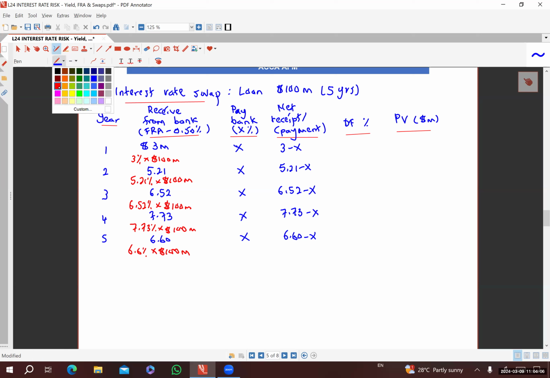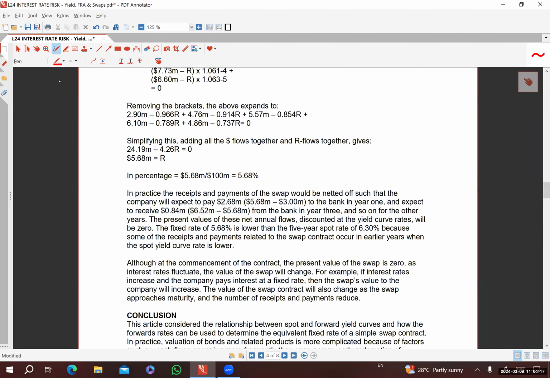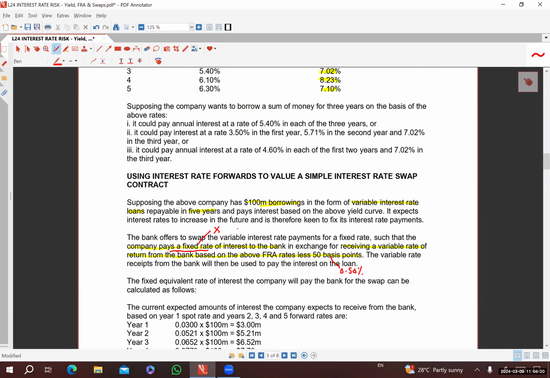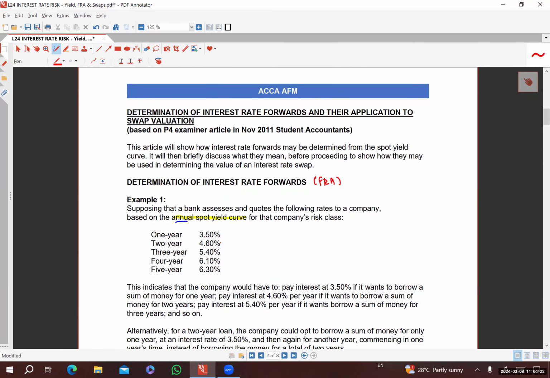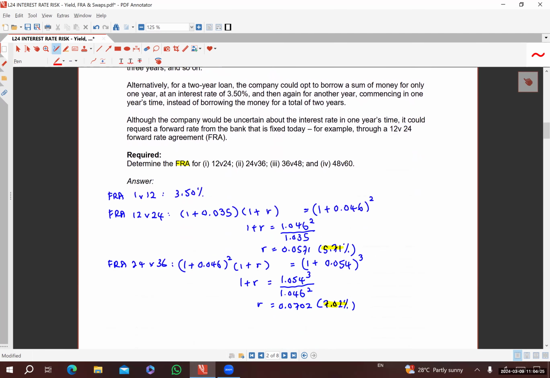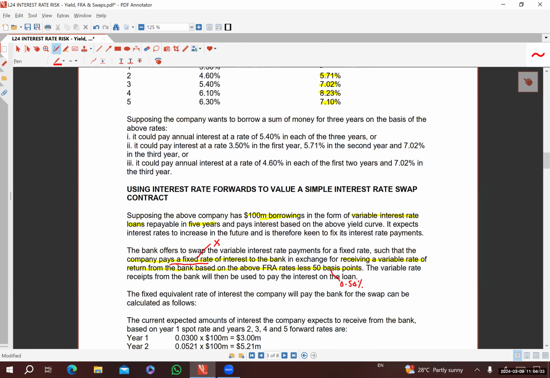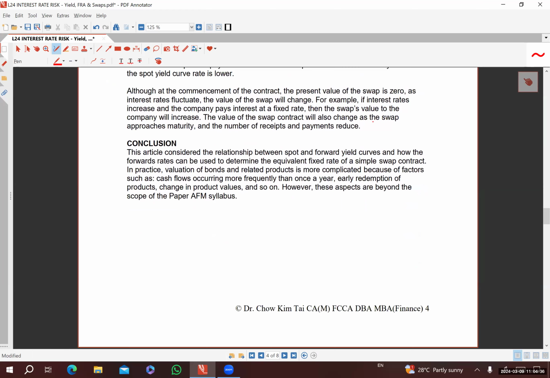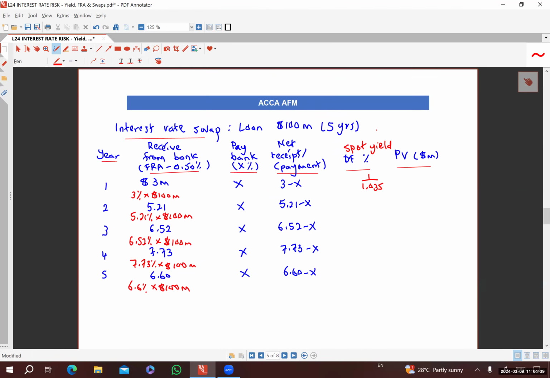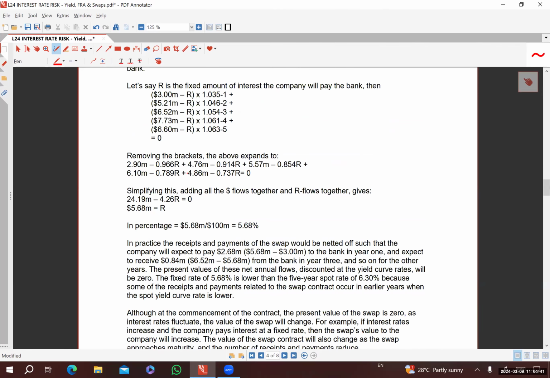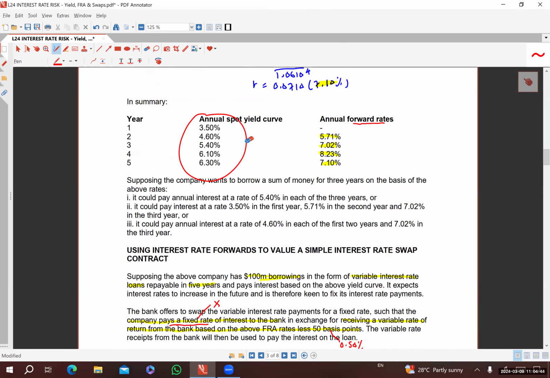So here we're going to use the spot yield because we have that, the annual spot yield, which is this one. So 3.5%, 1.035. Next one, 4.6%.